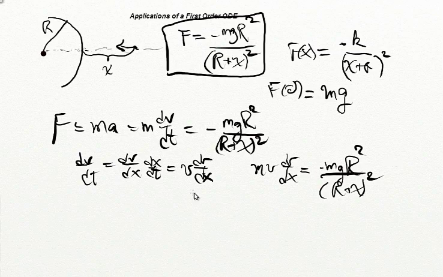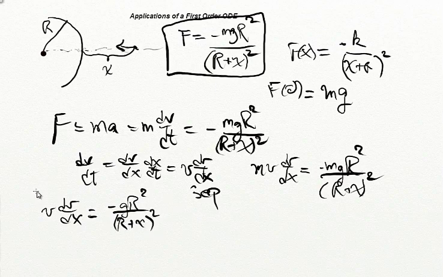So this is separable, and so we can actually solve it. So let's separate the variables. If we do that, we get v dv equals, the m's cancel, minus g r squared over (r plus x) squared dx.